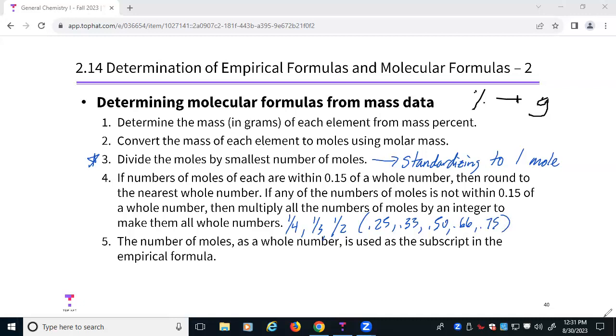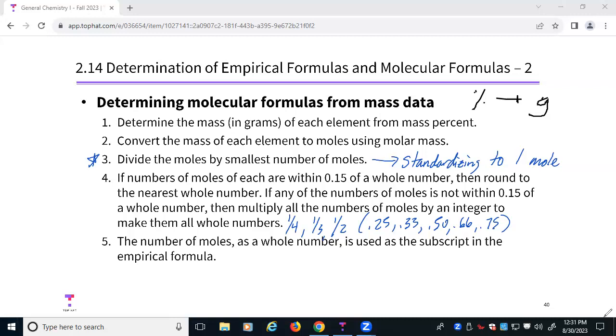If we do that standardization and one of the numbers comes out to one of these decimals or really close to it, that's telling us that there is a relationship there that is not a whole number relationship. There's a fractional relationship involved in there somewhere. And so if I find one of these coming out, I have to get rid of the fraction before I can move on to the empirical formula.